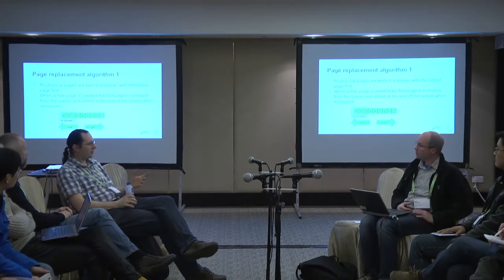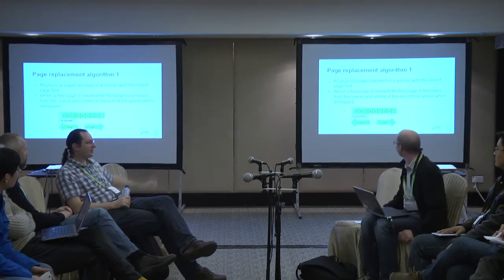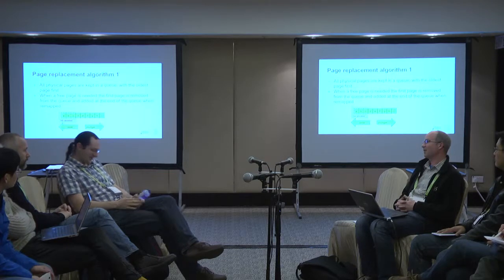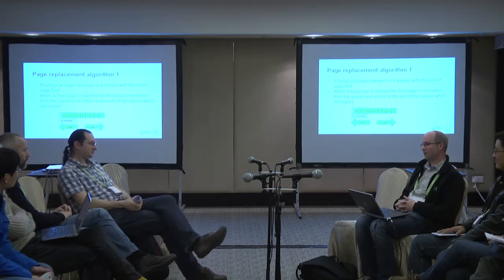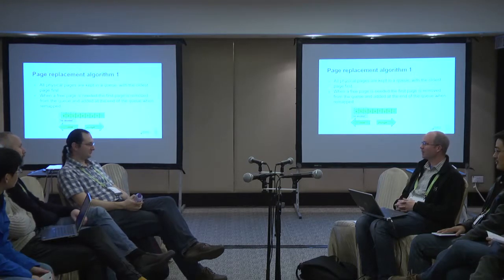What's the third? A guesstimate or a benchmarked number? Sorry? You said a third of the pages are no access. Yeah, it's a guesstimate. We have used it for some time, and it seems like it's a good choice.